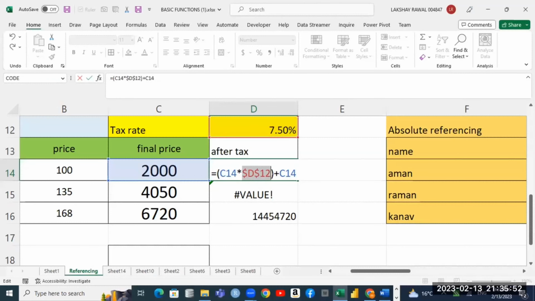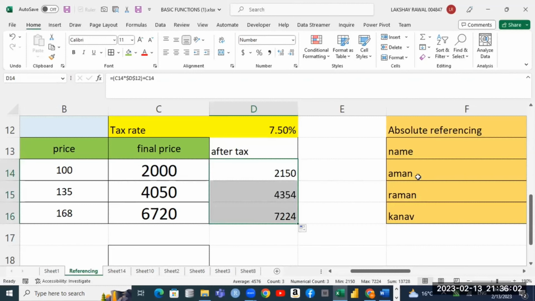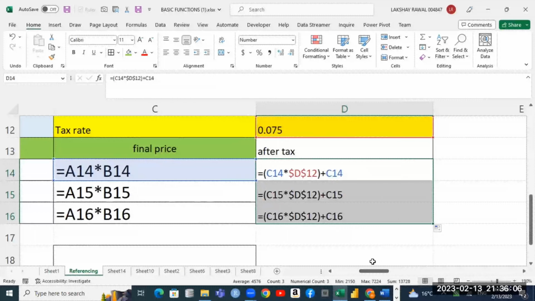When you do that, you will see the dollar sign applied. Putting the dollar sign means freezing, making it absolute. We are saying that this should not be changed.